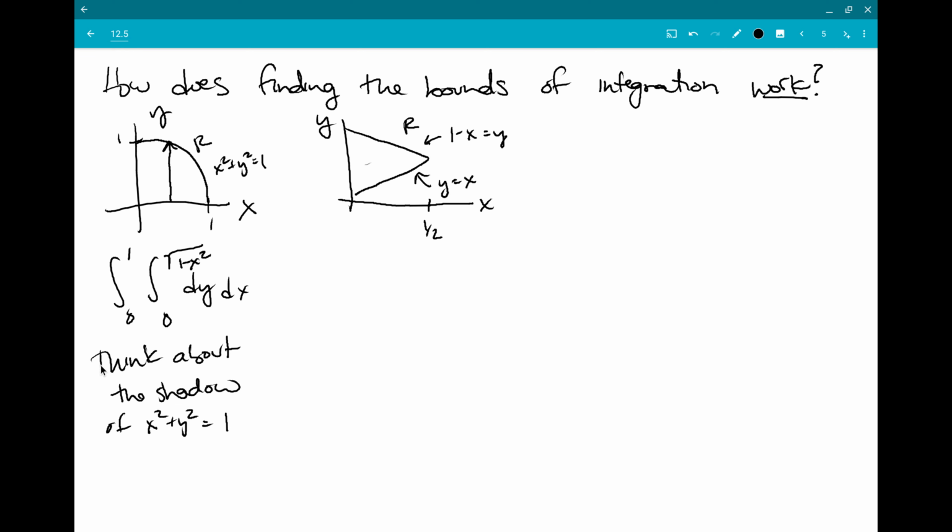And so real quick, I want you to think about the shadow of x squared plus y squared equals 1. So if the sun is right above your surface, it casts the shadow of this line down onto the x-axis, or the projection of the curve down onto the x-axis.